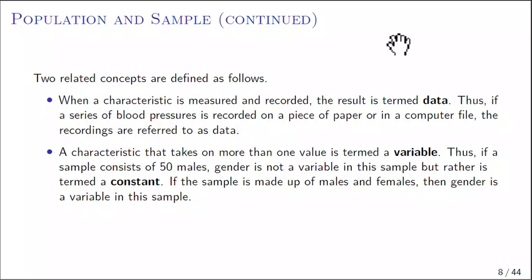For example, we continue the example of the blood pressure. If we randomly select 50 men age 65 or above, then we measure the blood pressure for each one of them, and then we have 50 numbers.